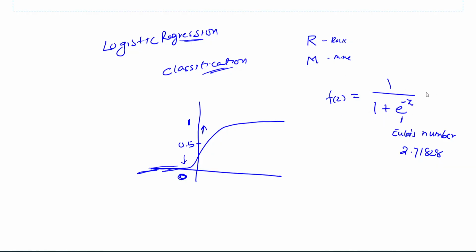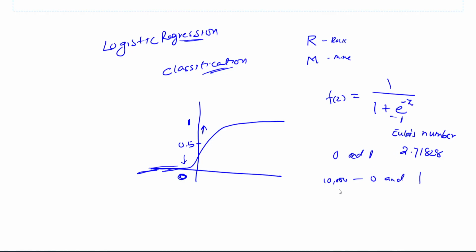The beauty of the sigmoid function is that whatever number you give in this universe, it will always convert that into a number between 0 and 1. Even if you give 10,000 to this function, the output will be between 0 and 1, maybe 0.1, 0.3, 0.777, whatever it is.